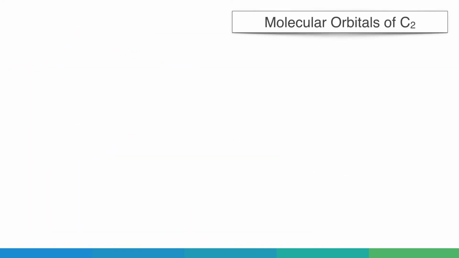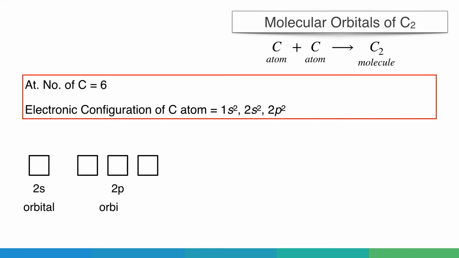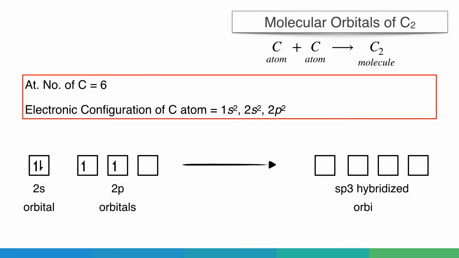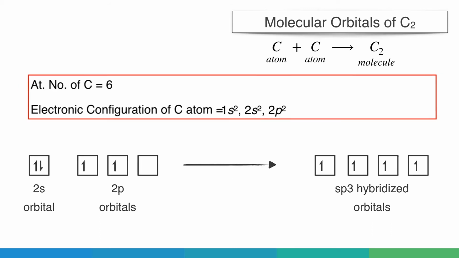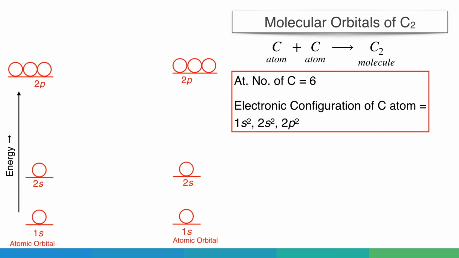Similarly, we can work for the diatomic carbon molecule. In this case, carbon has 6 electrons with electronic configuration 1s2, 2s2 and 2p2. As the 2s and 2p orbitals have similar energy, they will mix themselves or hybridize. A similar molecular orbital diagram can be constructed where the energy of the pi 2p orbitals is lower than the sigma 2pz orbital.